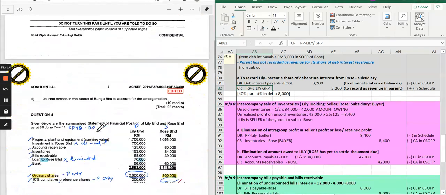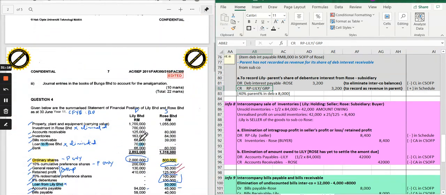So if you go to Rose's inventory of 84,000, half of this is relating to Lily. So that must be eliminated. Not that amount, but the unrealized profit related to the amount. So half of 84,000 is 42,000.